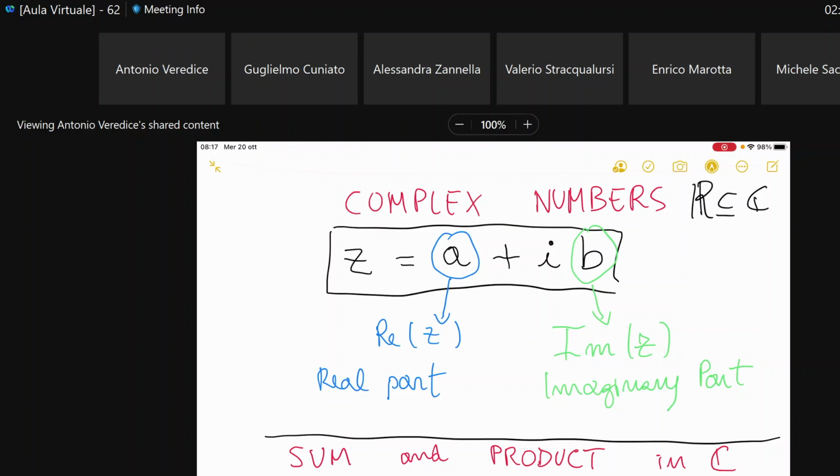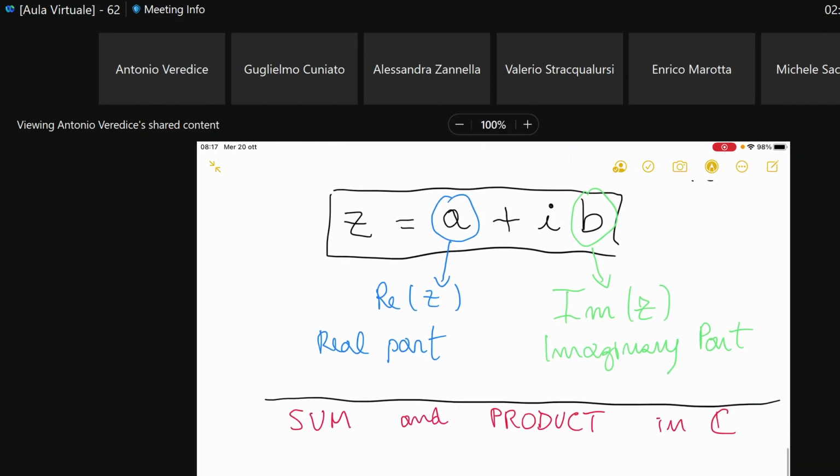How to deal with it? It's just a matter of algebraic computation. If we pick two complex numbers, z1 equals a1 plus i times b1, and another one, z2 equals a2 plus i times b2.